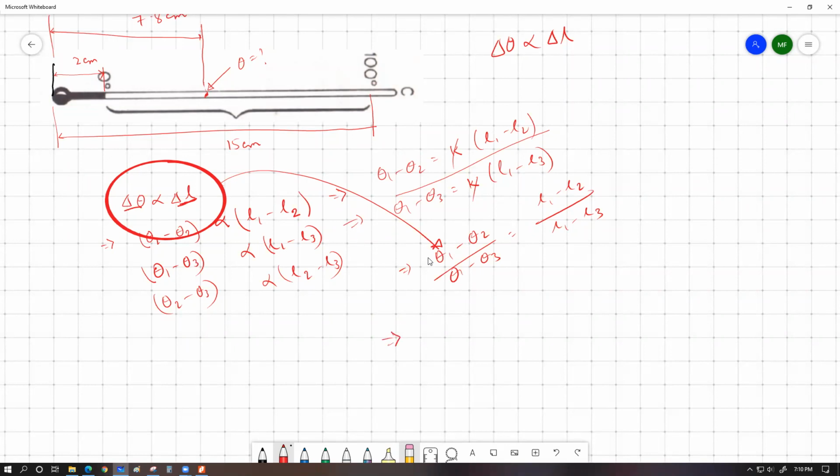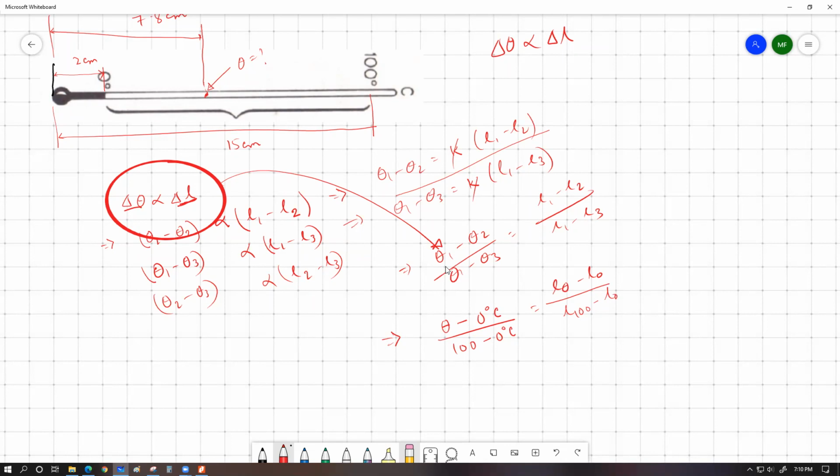I'm just লিখতেছি আগে, তোমরা খেয়াল করো। Theta, which is the unknown temperature, minus 0 degrees Celsius divided by 100 minus 0 degrees Celsius equals L theta minus L0 divided by L100 minus L0. এই ইকুয়েশনটা ঠিক আছে না? থেটার জন্য L theta, 0 এর জন্য L0, 100 এর জন্য L100, 0 এর জন্য L0.